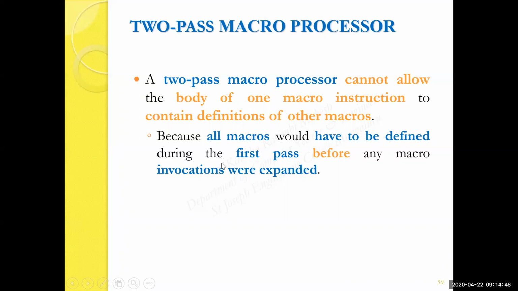That is one of the shortcomings or drawbacks of a two-pass macroprocessor, because macros have to be defined in the first pass. So when you have nested macros, unless the outer macro is expanded, which happens in the second pass, the inner macros will not be defined. The problem is with respect to the definitions of inner macros whenever one macro is nested within another.